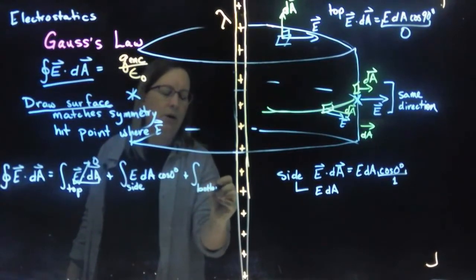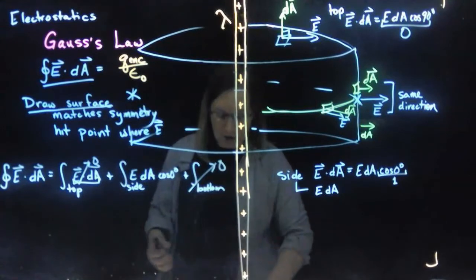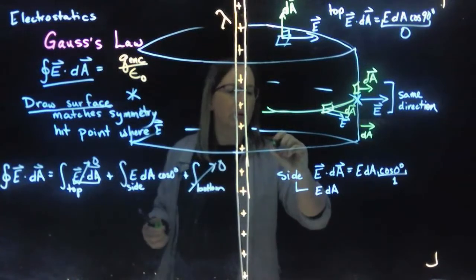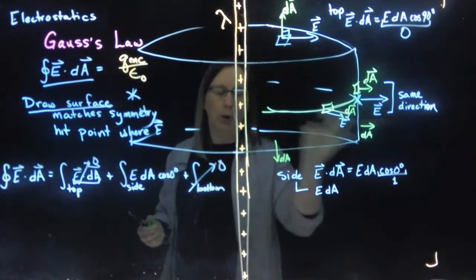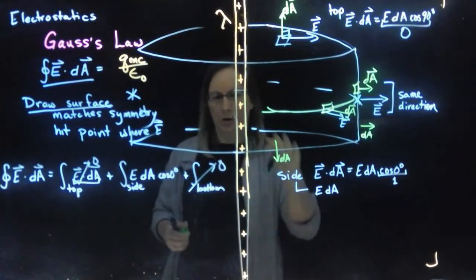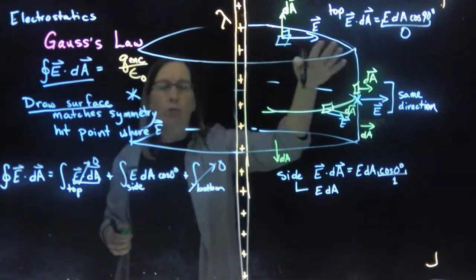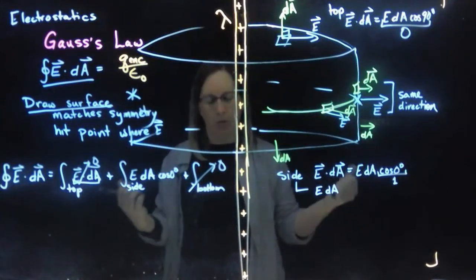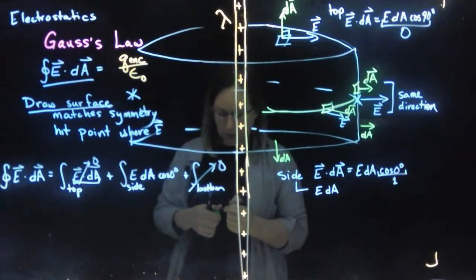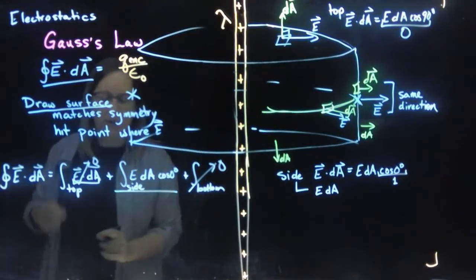And on the bottom, we get 0 as well because our dA points down on the bottom, and E still points along the surface. So there's no flux. The other way to think about this is there's no flux through the top and bottom surfaces because the electric field points out in all cases. So all we have to do is this piece.